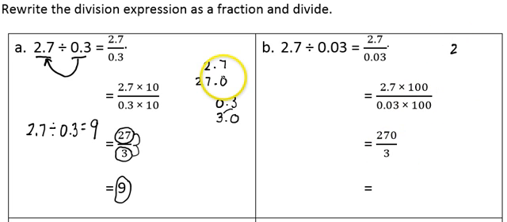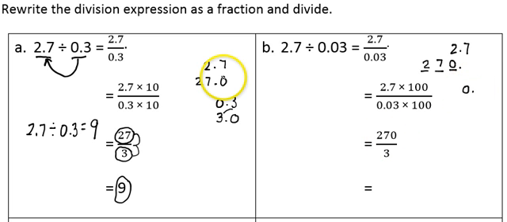If I multiply 2 7/10 by 100, now my digits will move 2 places to the left. So the 7 will end up in the tens place, the 2 will be in the hundreds place, and now I have to fill in the ones place with a 0. So that's how I got 270 for my numerator.